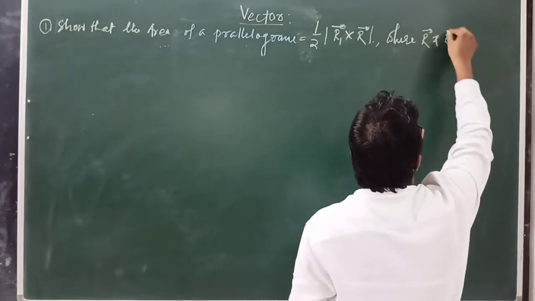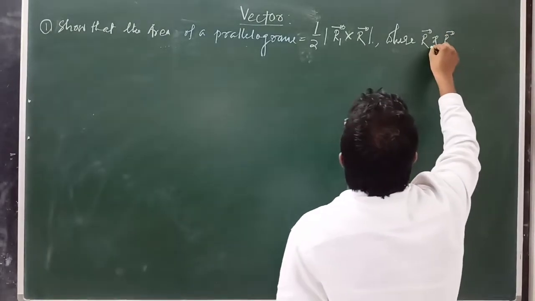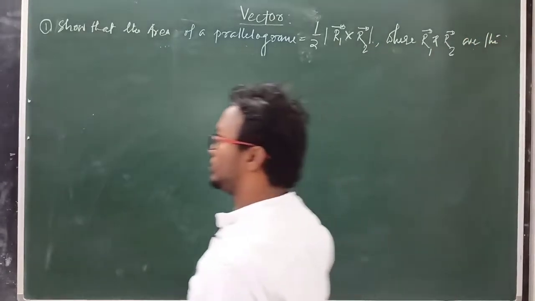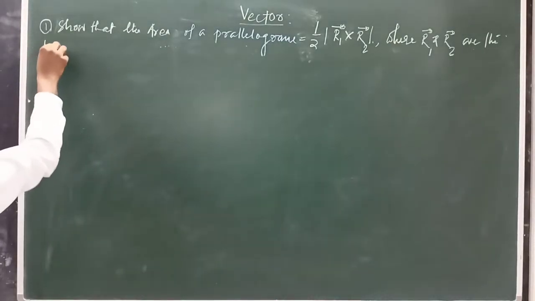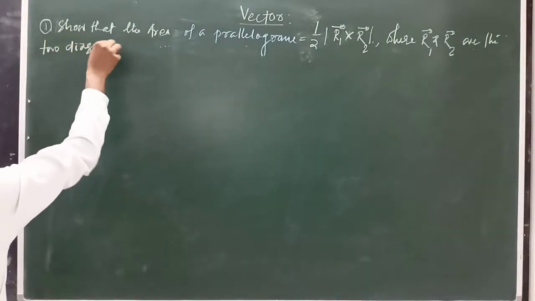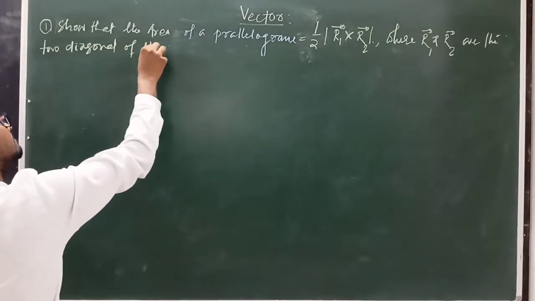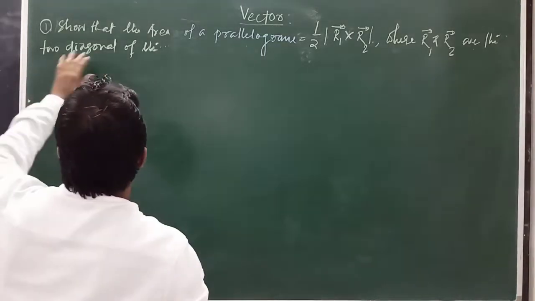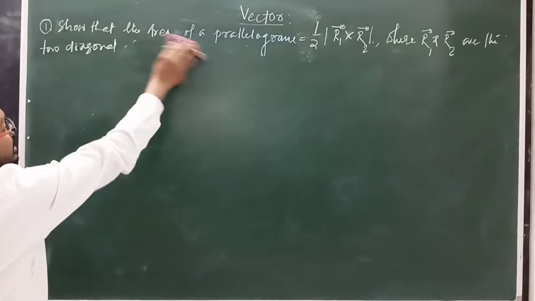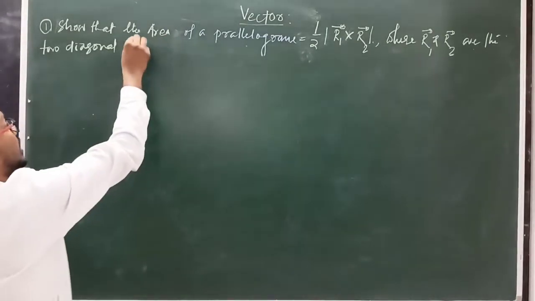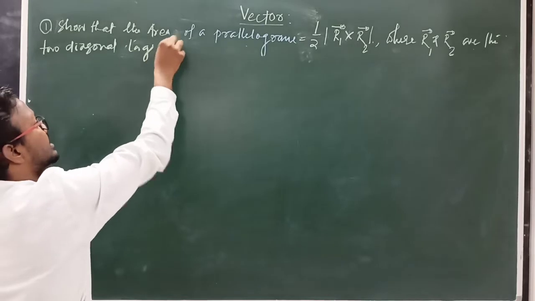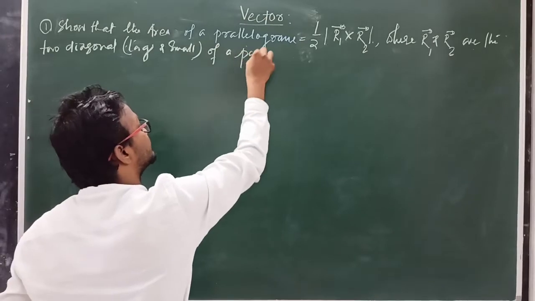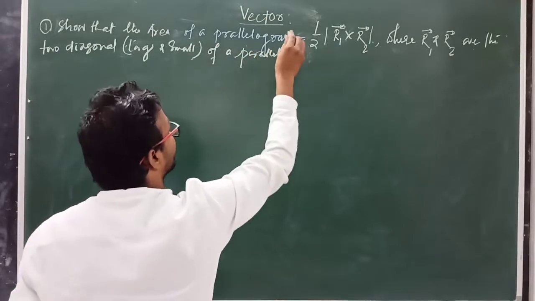So where R1 and R2 are the two diagonals, large and small, of a parallelogram.